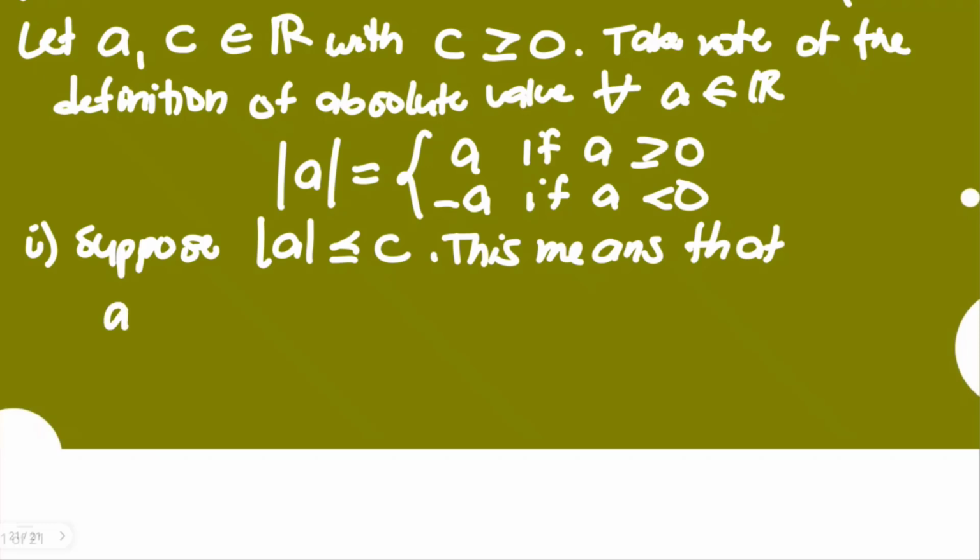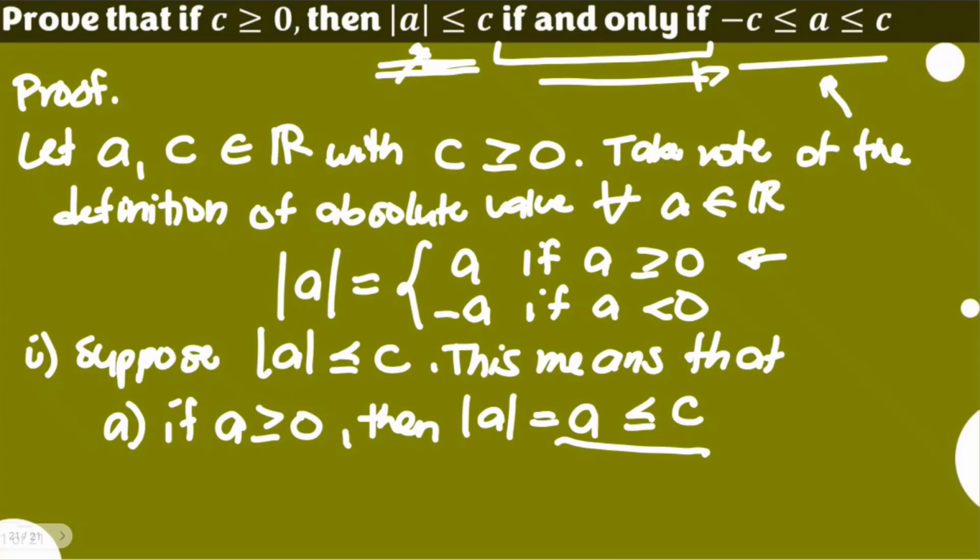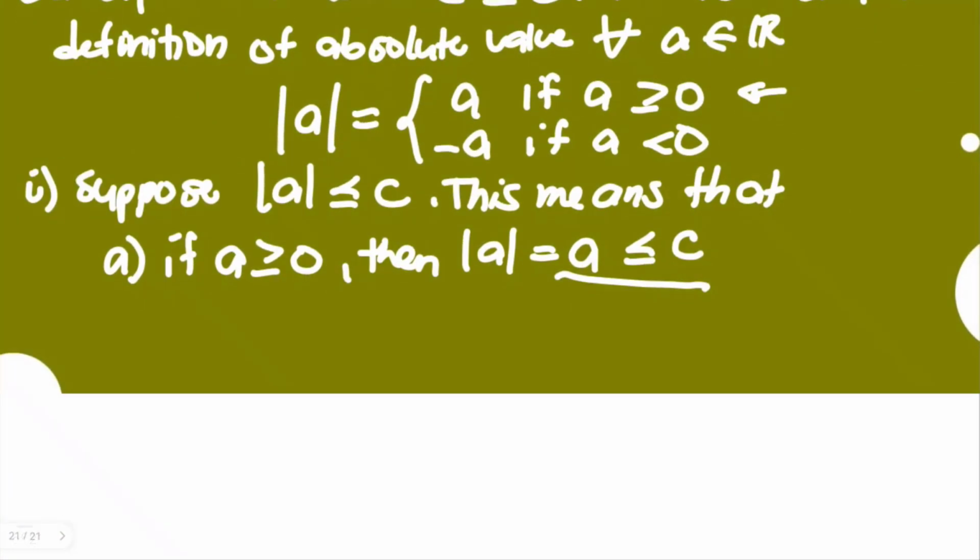The first one: if A is greater than or equal to 0, per our definition the result is A. Then the absolute value of A is just equal to A, which is less than or equal to C. We have shown this already, and take note that's the first part of what we are trying to prove.